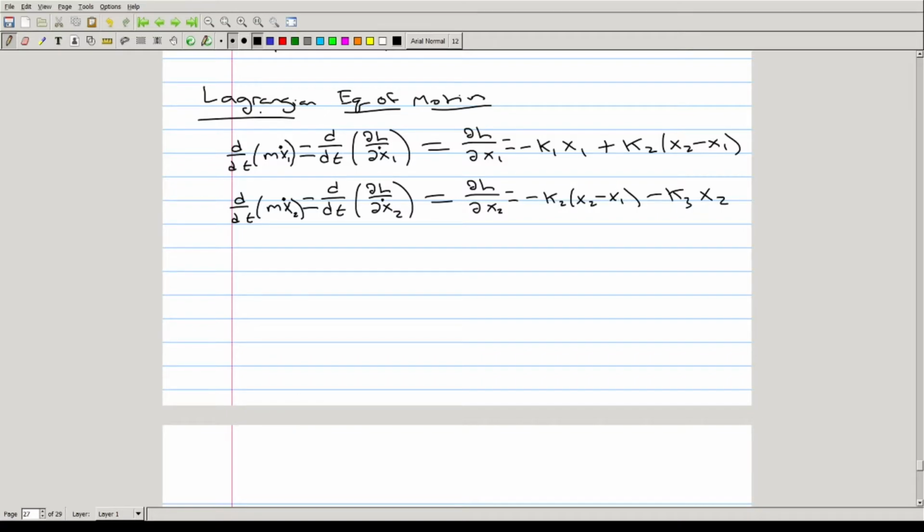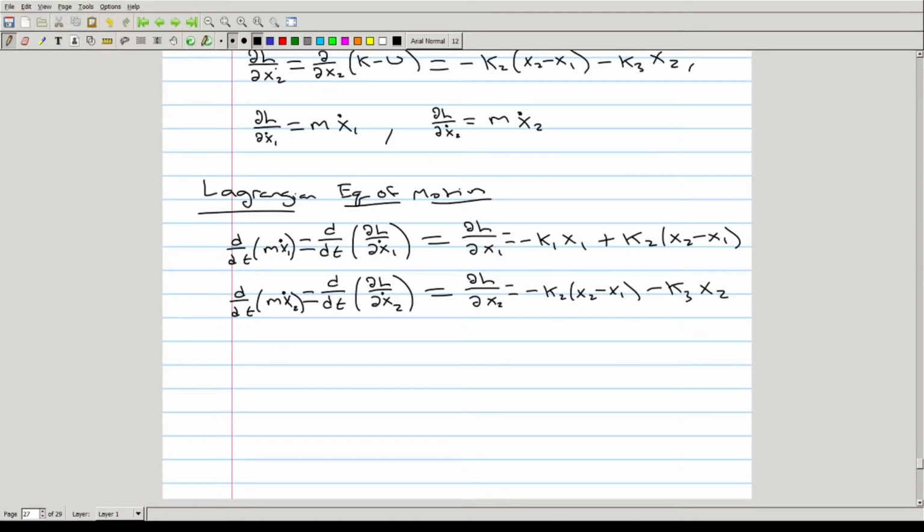And what's really neat about this is that there's something called the Euler-Lagrange equations of motion.